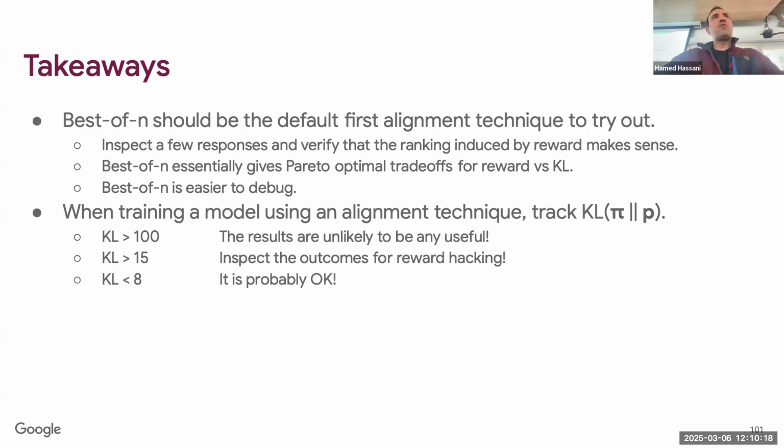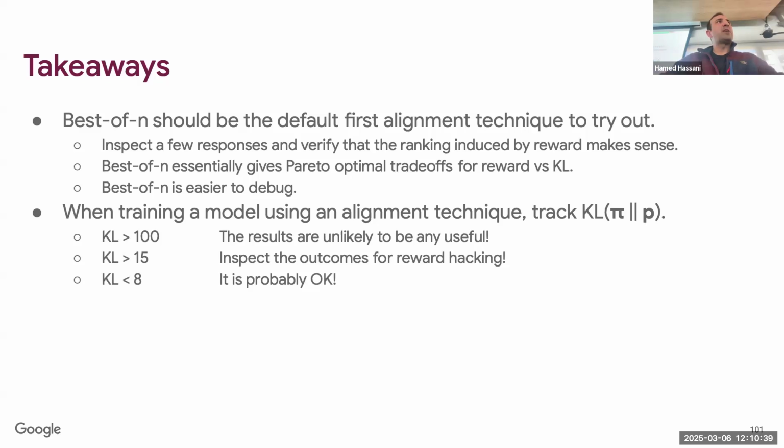If the KL divergence is above 100, then the model is probably not useful. But you can look at the responses. That's where my money would be. It's basically already reward hacking. KL larger than 15 is probably reward hacking for the most part.